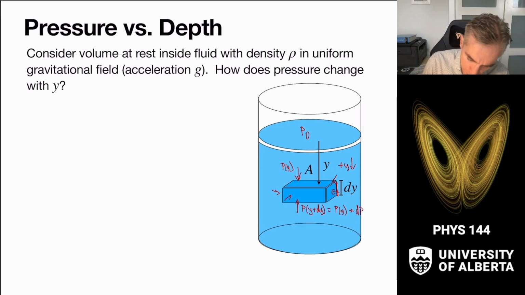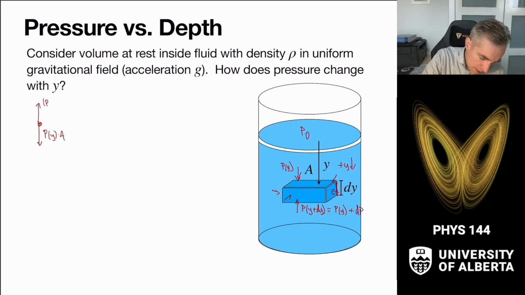Okay, so from that, we have a free body diagram for this fluid, where the force on it, which is the pressure times the area, is P of Y times the area. So that's the pressure on the top pushes down. The pressure on the bottom pushes up.